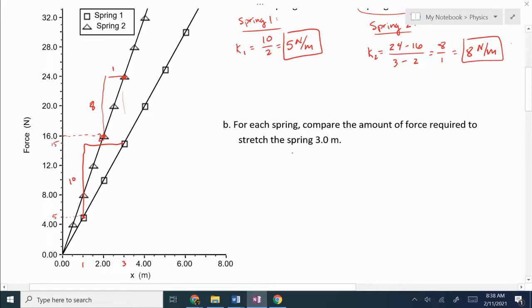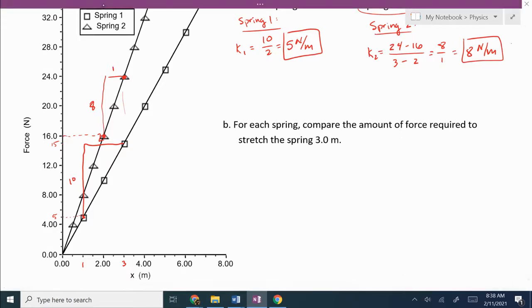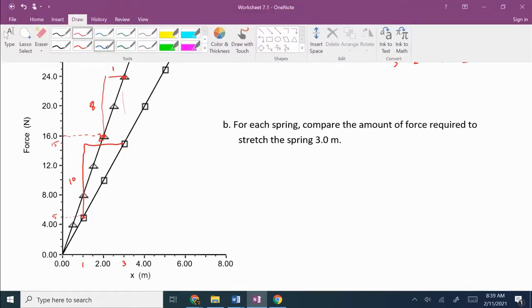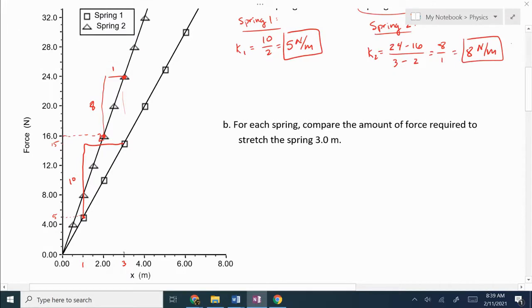Okay. For B, it says, what is the force required when you stretch the spring 3 meters? There's 2 ways of doing that. One of the ways is to just draw the line straight up.